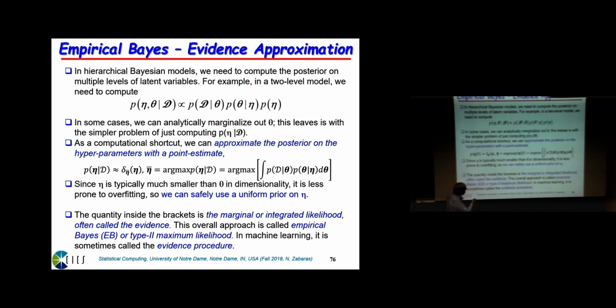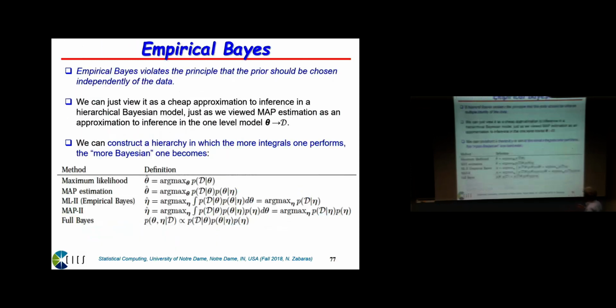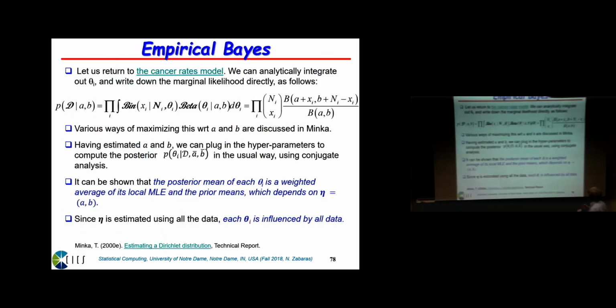So what you do is you maximize this, and the value, you fix it, and you do your calculations with that fixed eta. Okay? And you may say, well, on this problem with the diseases and the cancer rates, can I actually calculate this eta exactly? And the answer is yes. And here is how this marginal likelihood looks.